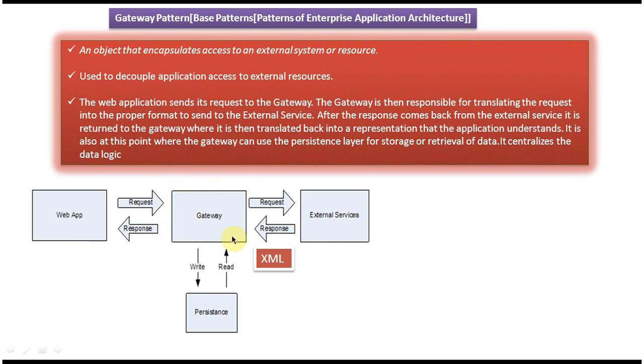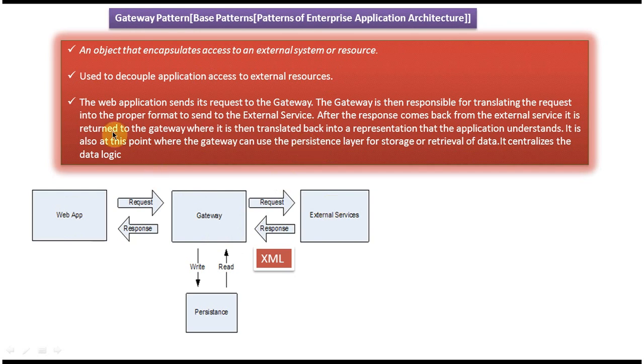This gateway is an object that encapsulates access to the external system or any resources. The second point is that it is used to decouple application access to the external resources. So this gateway is used to decouple this web application and external services.